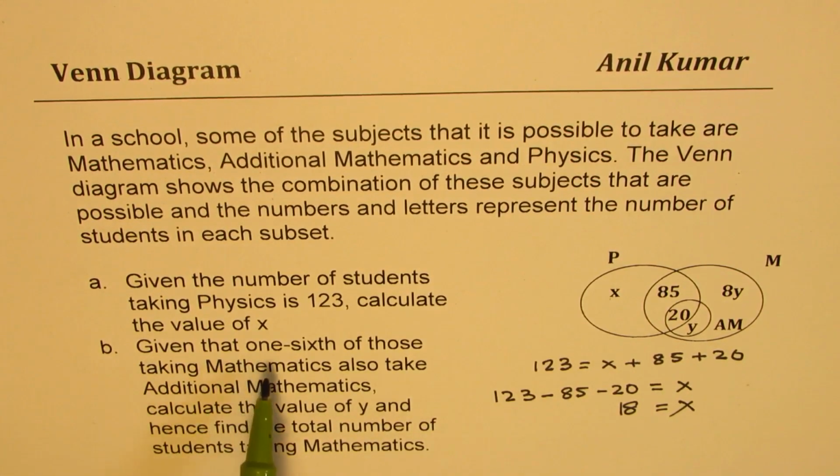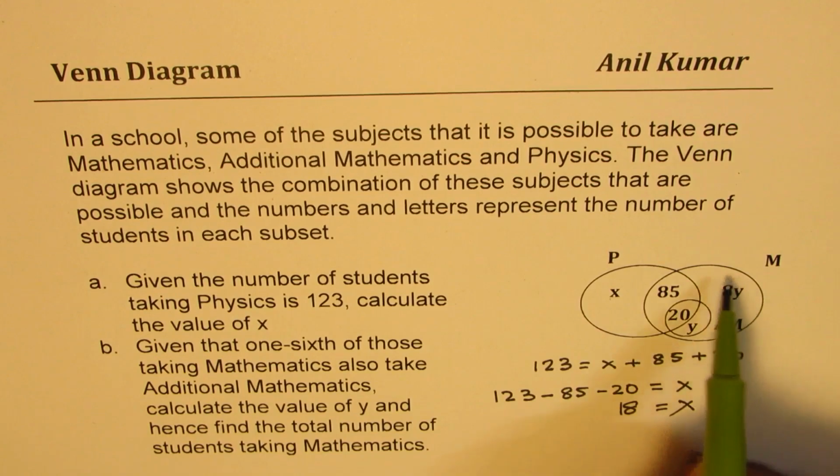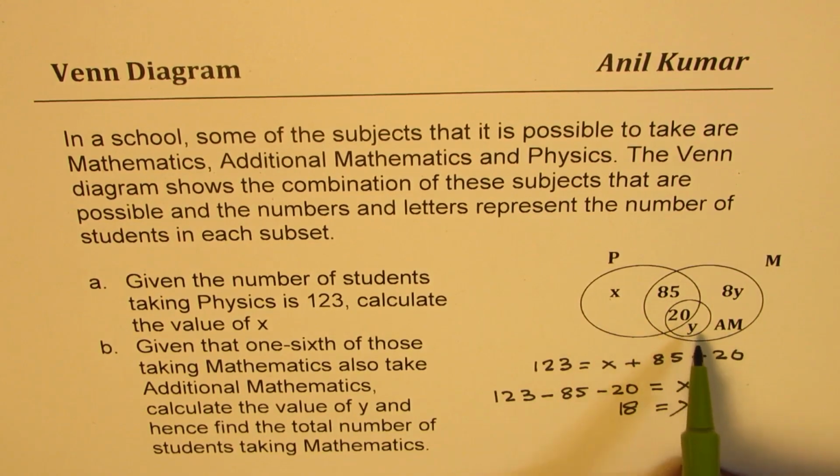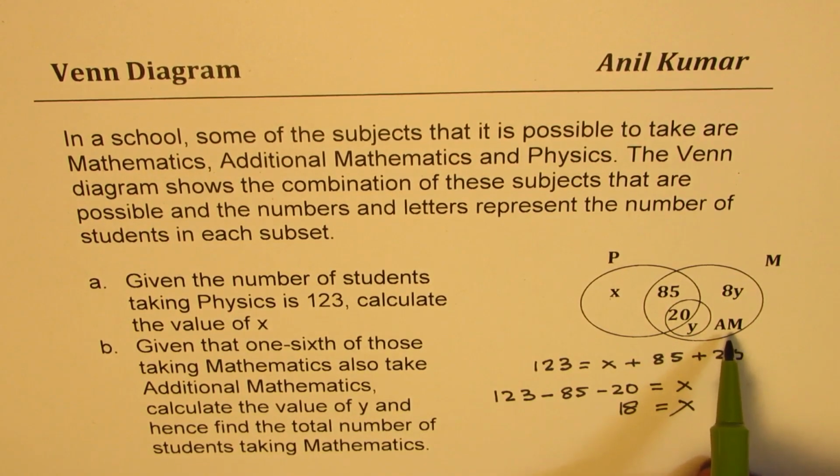So let's read the condition. Given that 1/6 of those taking mathematics also take additional mathematics. So this number, 20 plus y, is 1/6 of all who have taken mathematics, correct? So that is what it means. Everybody has taken mathematics, and 1/6 have taken additional mathematics.